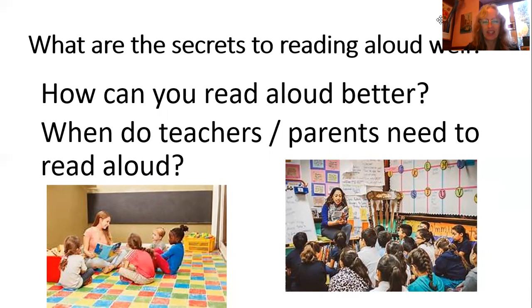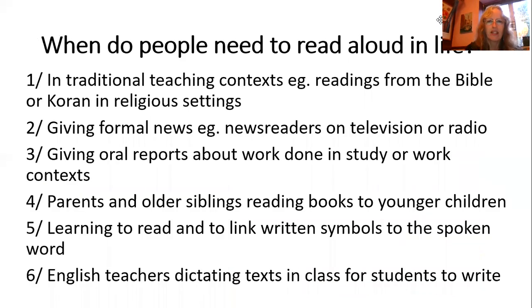Okay, so we're going to answer those questions together, see if you agree with my points. So people need to read aloud in these contexts. Number 1, traditional teaching contexts, like religious settings, newsreaders. Number 2, reports about work, that could be university study or some sort of reporting in an office. Number 3, parents and siblings read books to younger children.